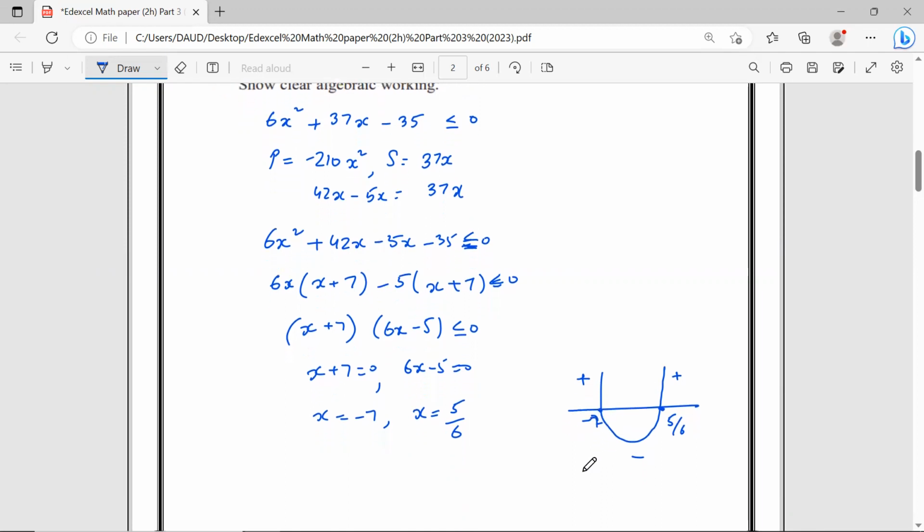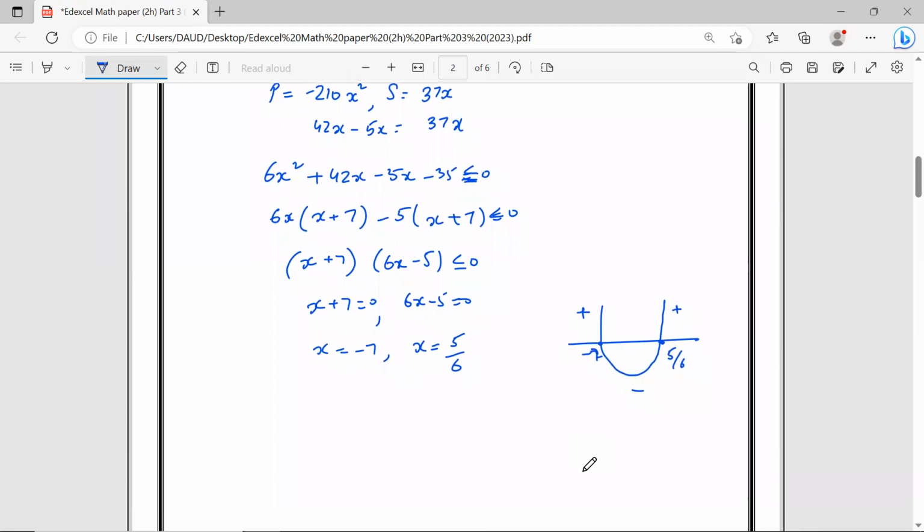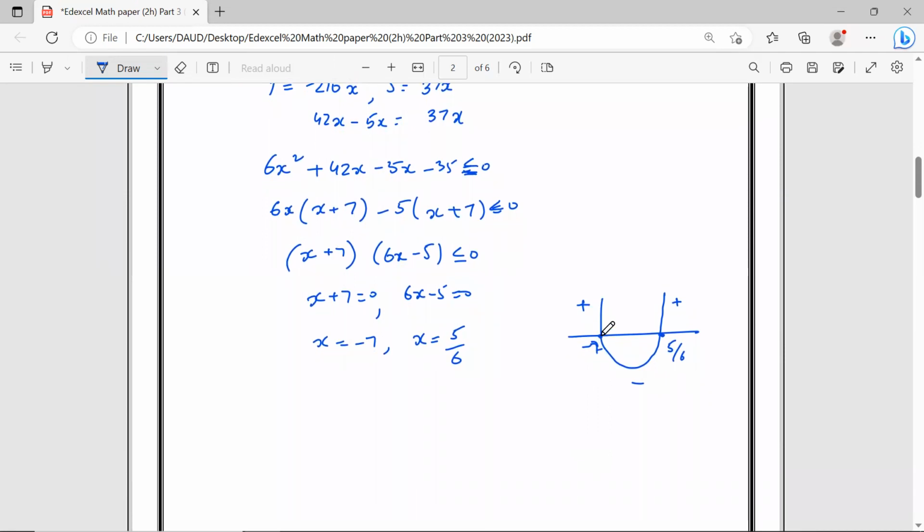As the function is decreasing, from minus 7 to the right side, all values greater than or equal to minus 7 show a decreasing function, so x is greater than or equal to minus 7, and x is less than or equal to 5 over 6.